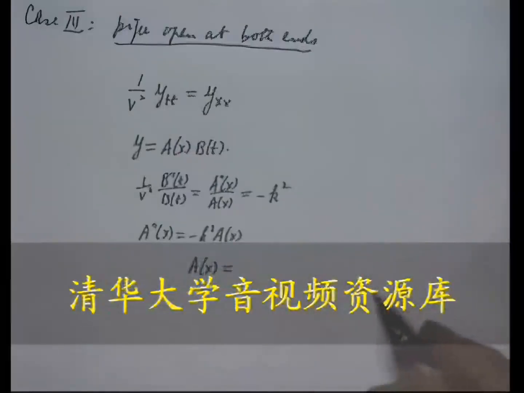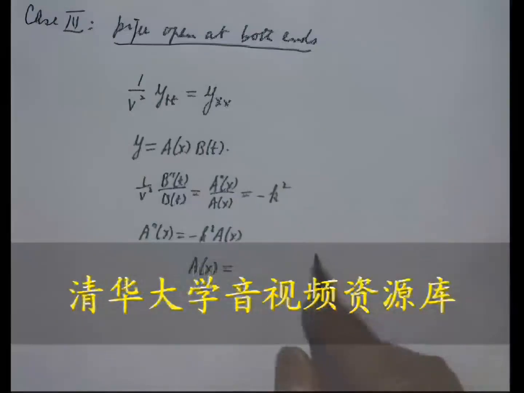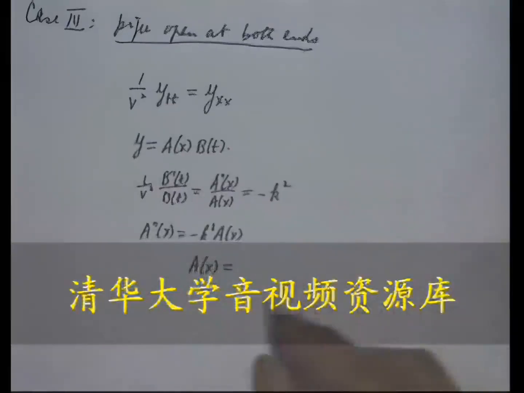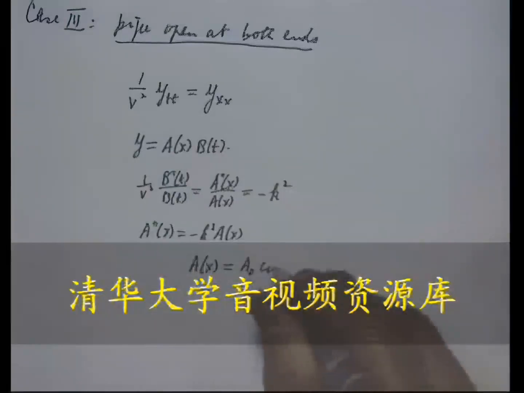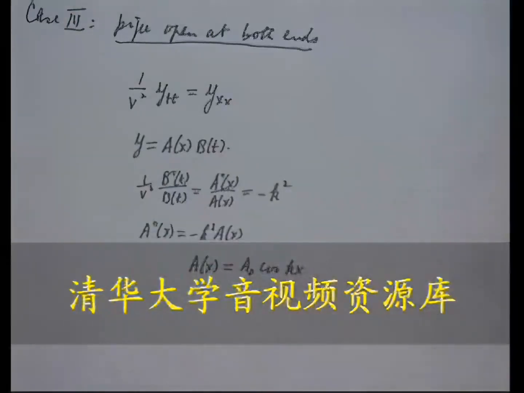A sinusoidal wave, you can always write either as a sine or as a cosine, but we want dy/dx equal to 0 at both ends, so it's better to write cosine. So I write A0 cosine kx. When you differentiate, it becomes minus sine kx. When x equal to 0 it is 0. So it's easier to choose. You can choose anything, but you have to follow through the rules.